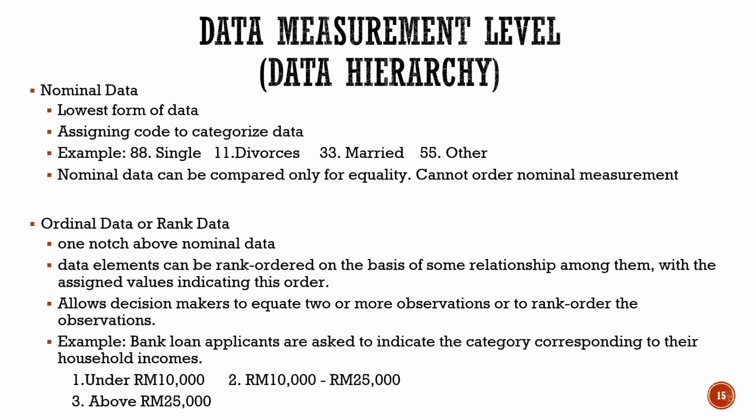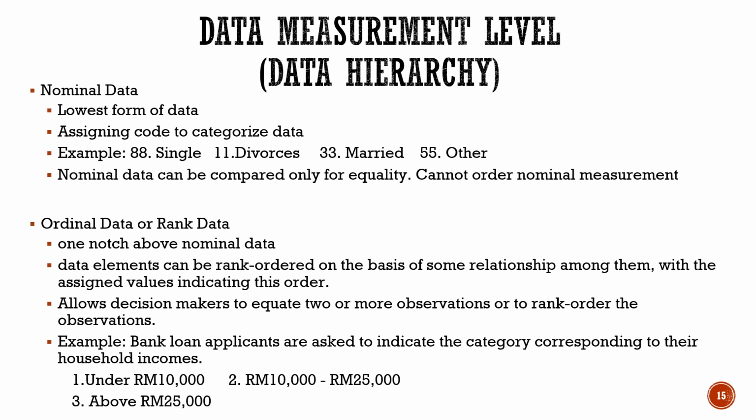Okay, so now we look into each of these hierarchies. The first one is nominal data, or nominal variable. Like I have mentioned just now, nominal is the lowest form of hierarchy. Basically, nominal is a variable that has categories. For example, gender is nominal. Marital status is also nominal because it has categories of single, married, or divorced.